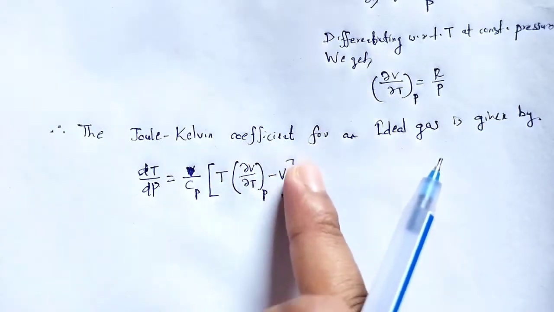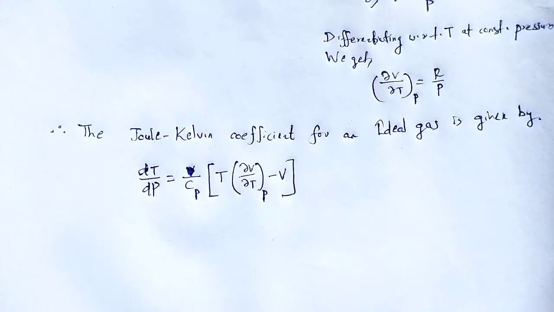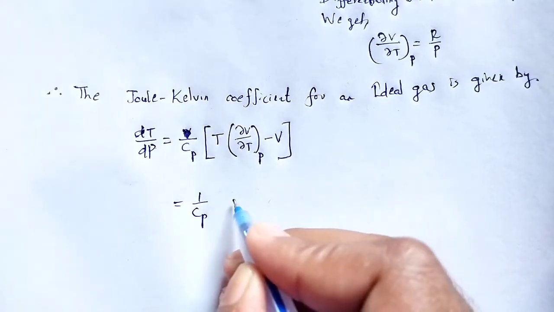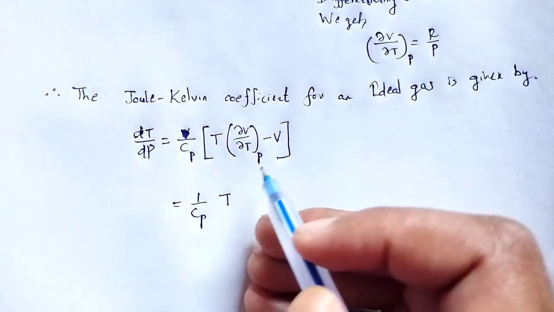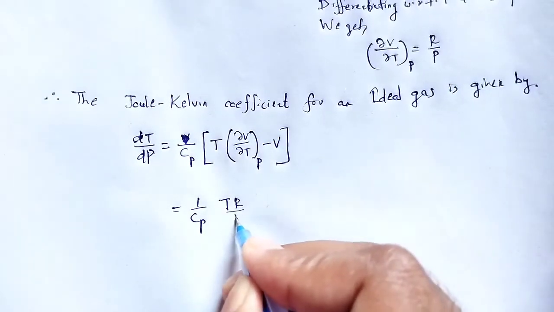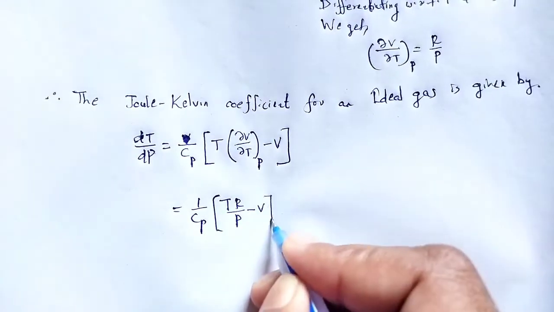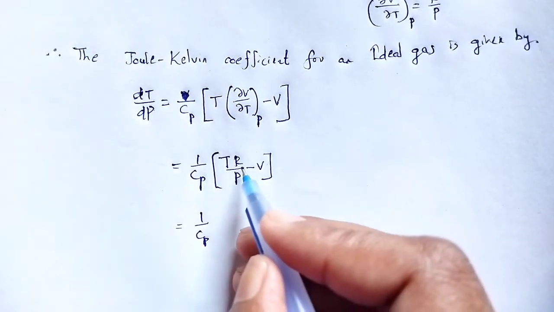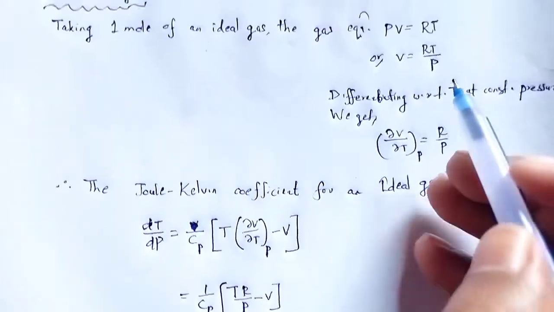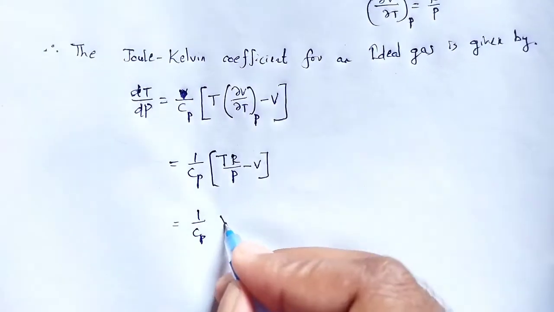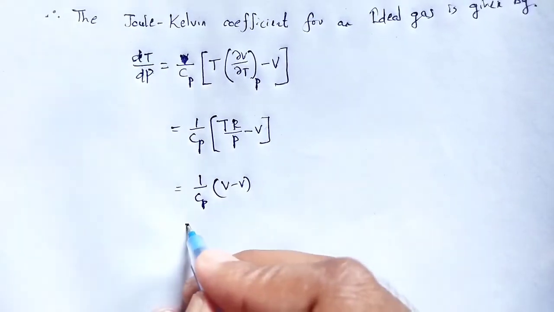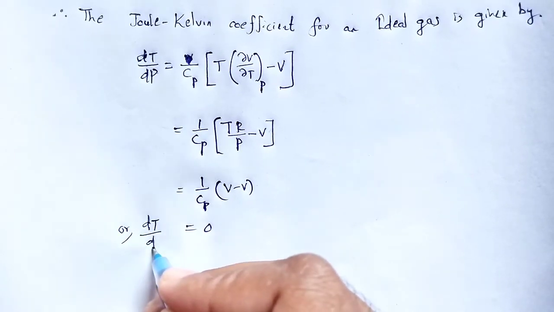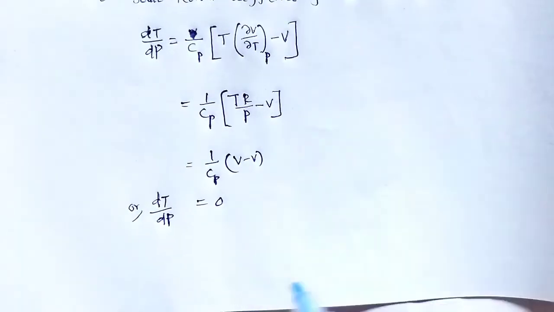T del V by del T at constant pressure minus V, that is 1 by Cp, T del V by del T at constant pressure, that is R by P. So 1 by Cp, T R by P minus V, RT by P, that is V, that is V minus V. The result will be 0. We get dT by dP, that is the Joule-Thomson coefficient, is 0.